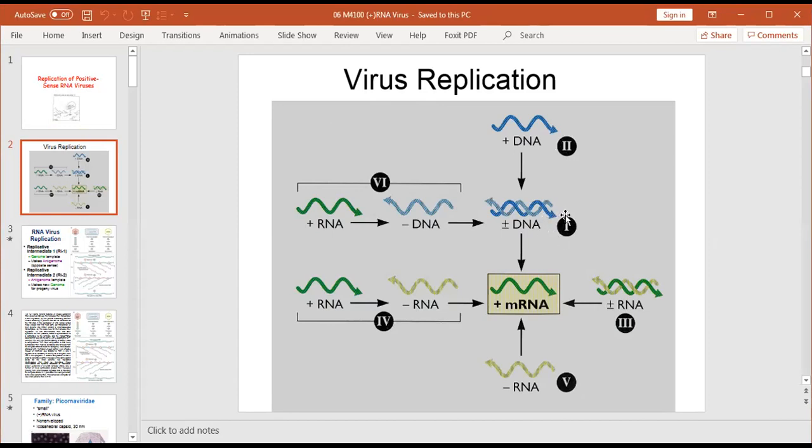Class 1, double-stranded DNA viruses; class 2, single-stranded DNA viruses; class 3, double-stranded RNA viruses; class number 4, positive RNA viruses; class number 5, negative RNA viruses; and class number 6, the RT viruses. We will discuss different examples of different classes of viruses throughout the lectures.